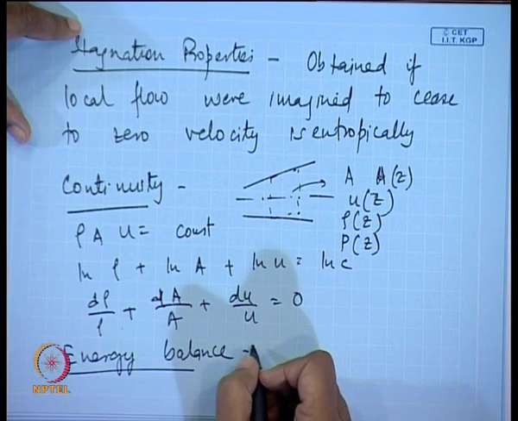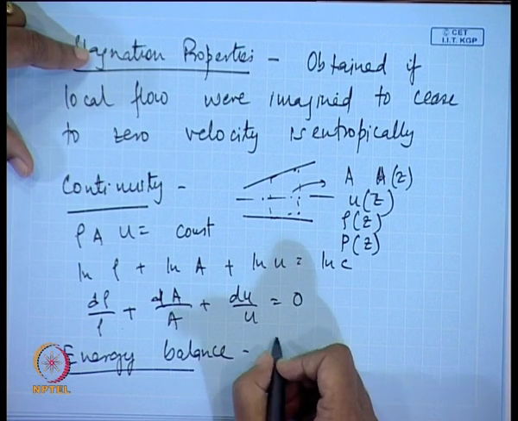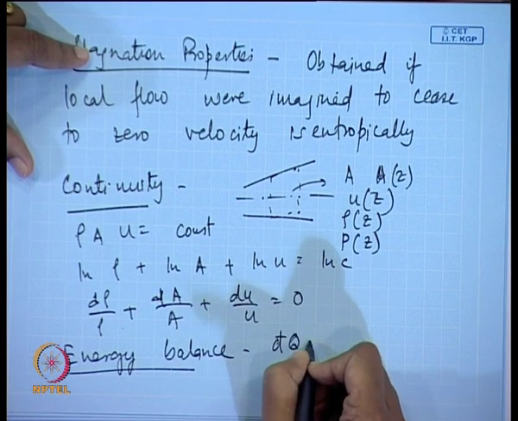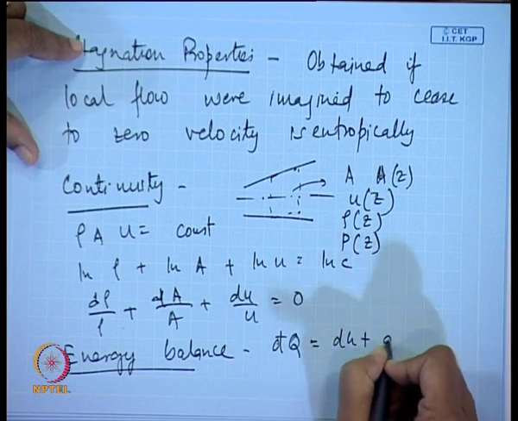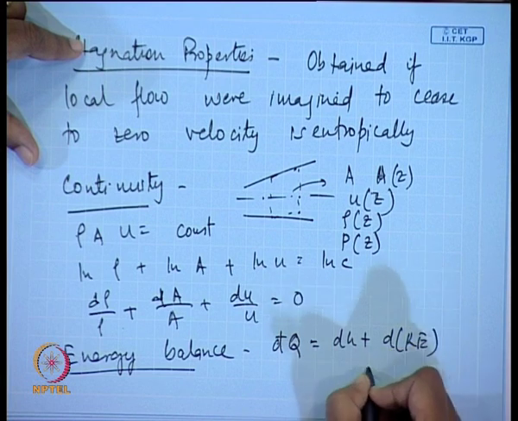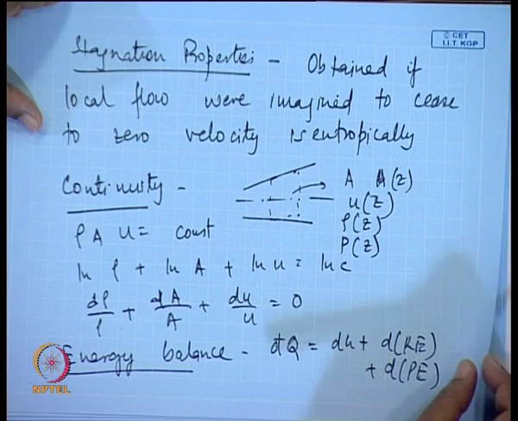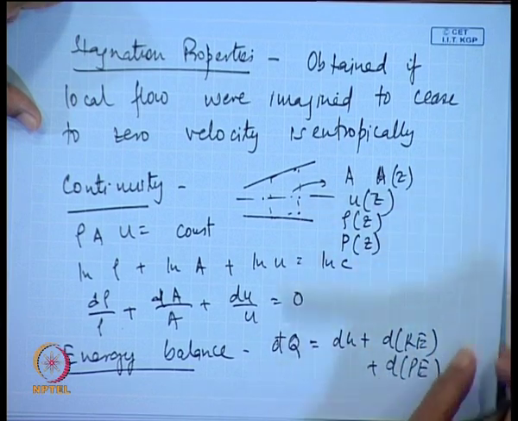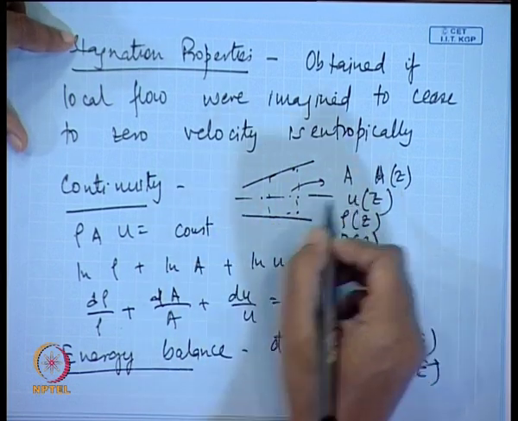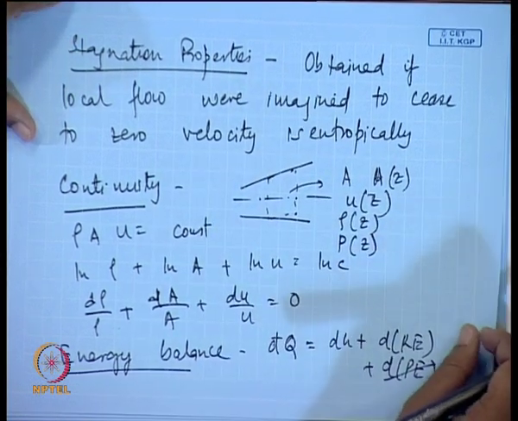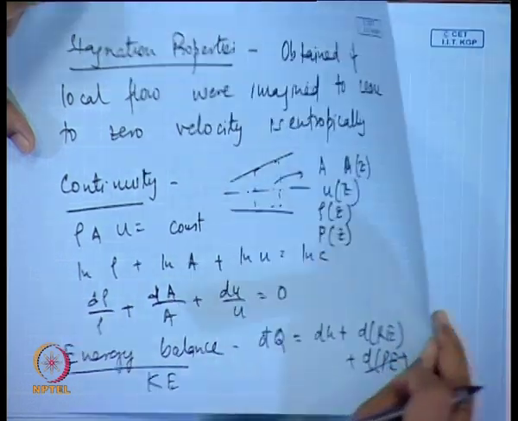From energy balance, it is just the first law of thermodynamics for open systems, from which we get dq, dw we are going to neglect, this is equal to dH plus d kinetic energy plus d potential energy. Okay. Now, usually the potential energy can be neglected, because in this particular case it can be neglected.